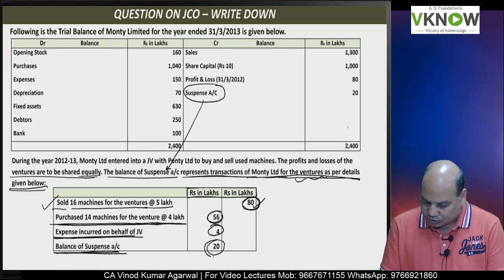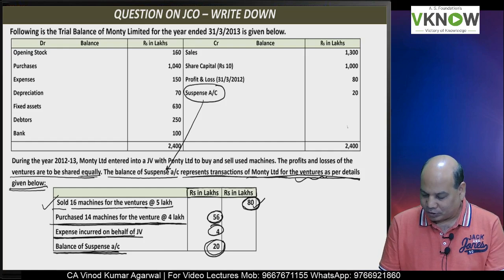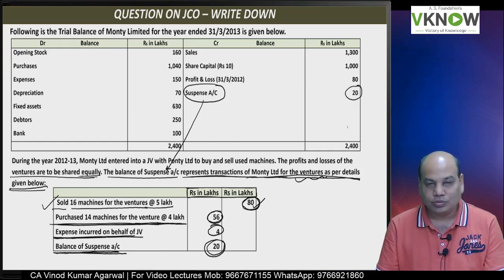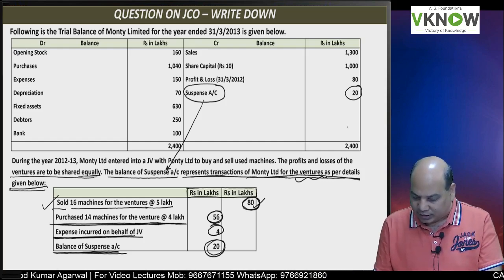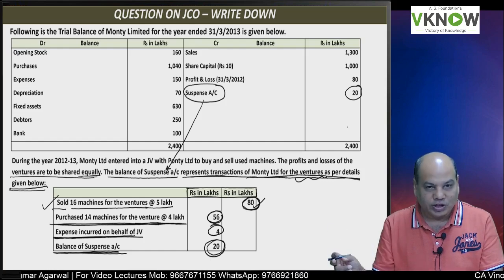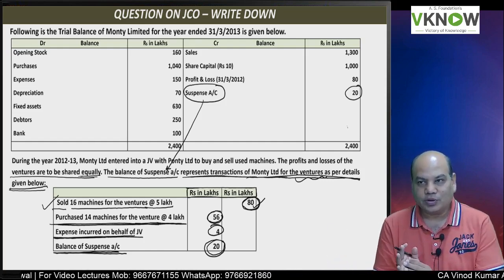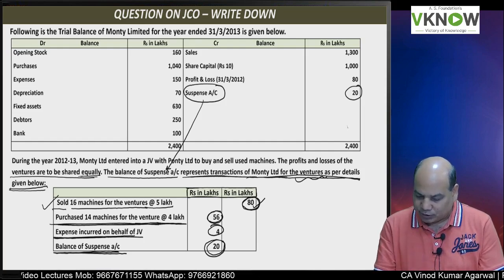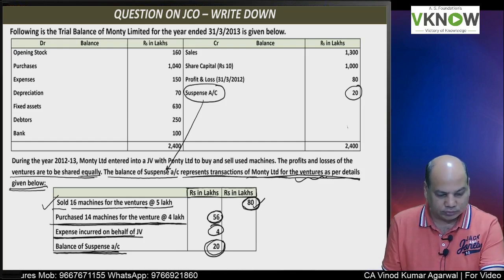So therefore this is the balance, and what this accountant has done, he has transferred this balance to suspense account, and now it is appearing in the trial balance. The net effect of this joint venture transaction, he has transferred to an account called suspense account. So we will have to eliminate the suspense account. Up to this you have noted.